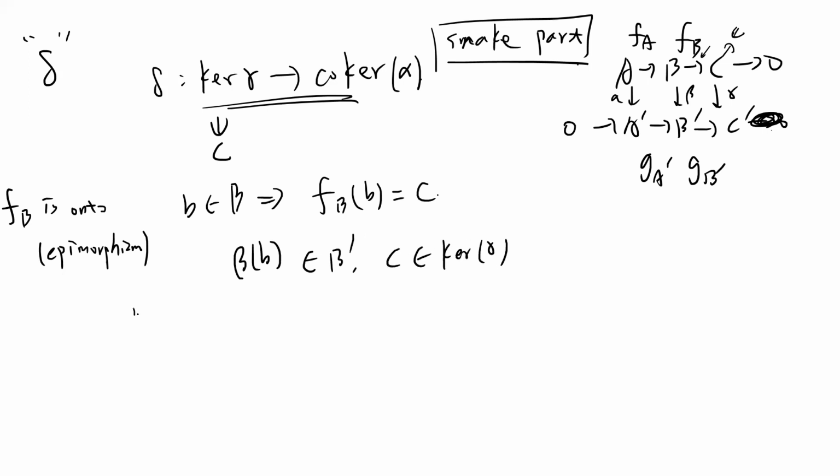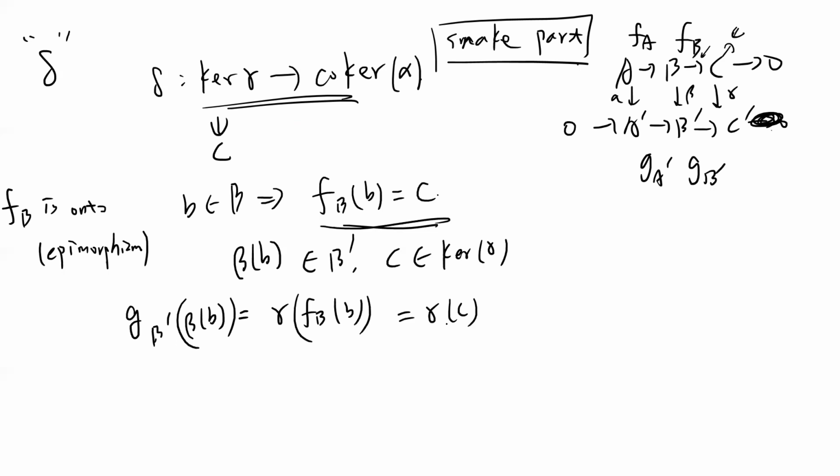So we get G B prime beta B will be, just the definition, right? Will be gamma F B B, right? This is just the commutative diagram. And that will be gamma C, right? Because by definition F B B is C, so this is gamma C. Okay, so gamma C is what? Gamma C is 0, right?